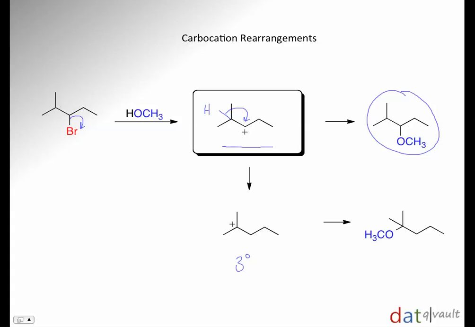So once methanol attacks this tertiary carbon here, we're going to get a much more stable tertiary substitution. So this is going to be our major product, and this product is going to end up being a minor product. So because a carbocation is formed, remember, we have to always look out for possible hydride shifts or methyl shifts to form more stable carbocations.